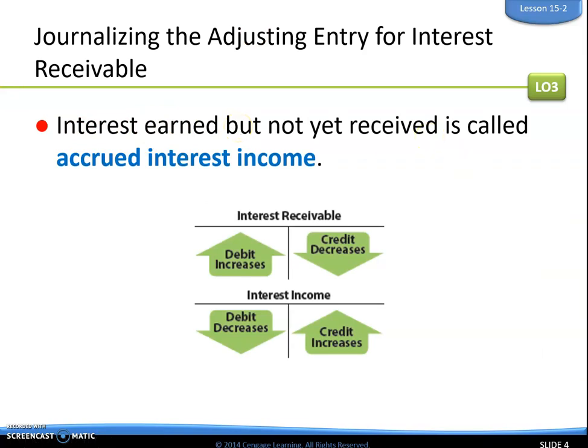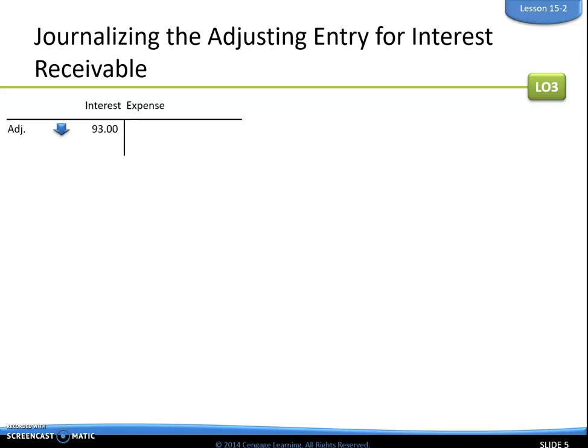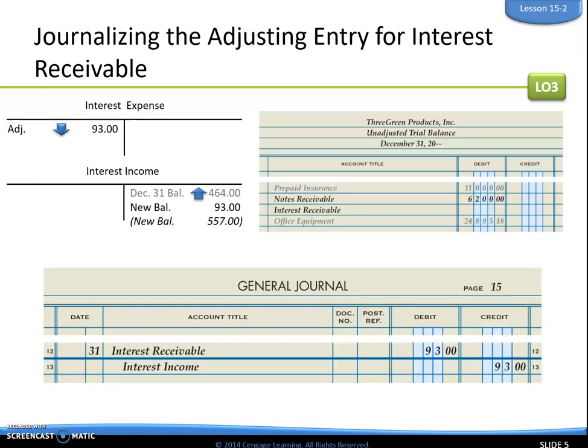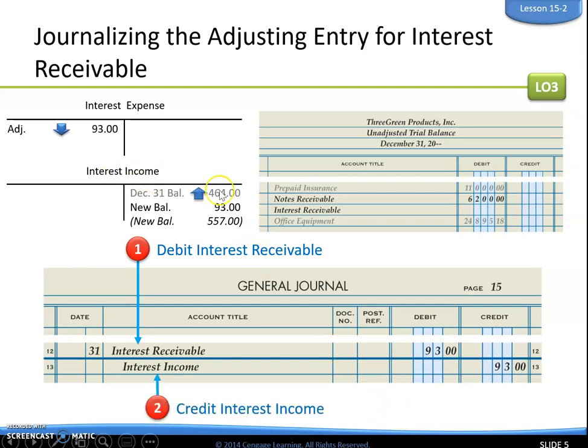So meaning we have not actually physically gotten that money yet, but we've earned that money through interest. So we have our debit to, oh, they have that wrong. That should not be interest expense up there. That is wrong. So we have our debit to interest receivable. This is right down here. And then we have our credit to interest income. So we're going to increase that interest income.